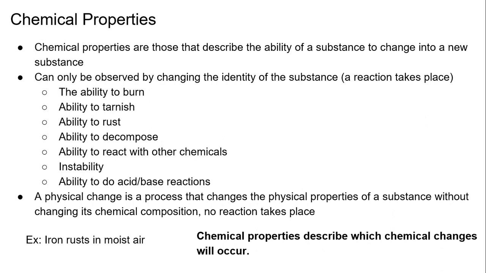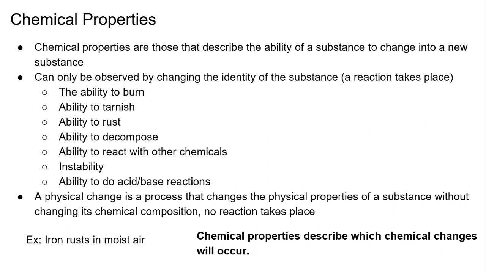Ability to rust. Iron will rust away. In the presence of oxygen, iron becomes iron oxide. So that iron is slowly being eaten away by the rust. It will disappear, in a sense, is the best way to explain it. Ability to decompose, ability to react with chemicals, instability, ability to undergo acid-base reactions.